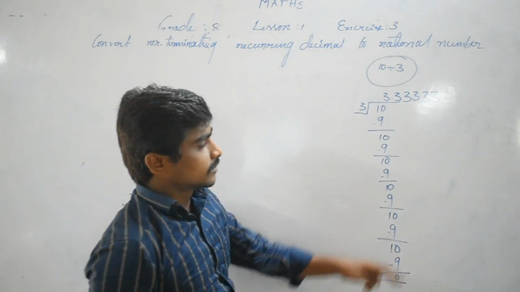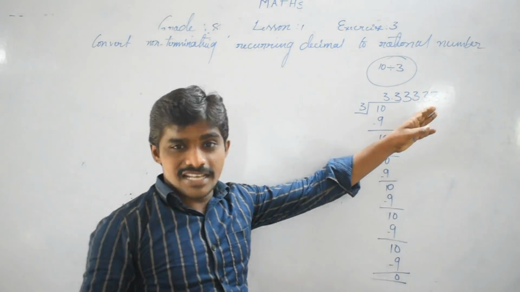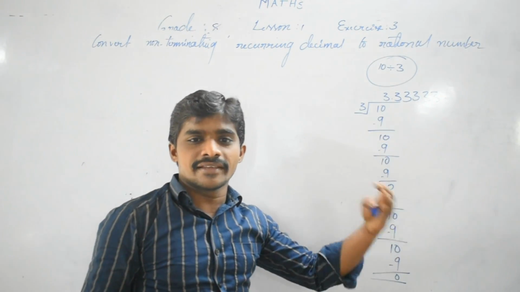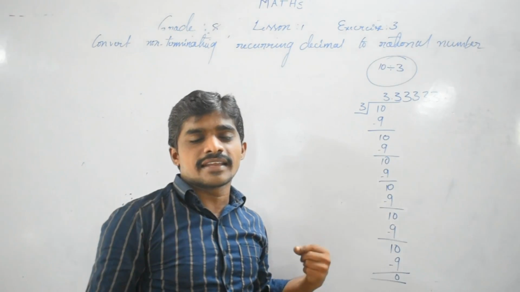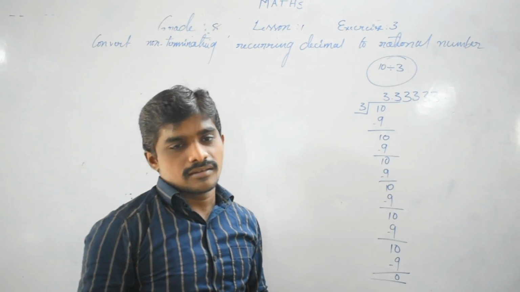Here, see, this is a whole number, and the decimal number is repeating. So those repeating numbers are called a recurring decimal.